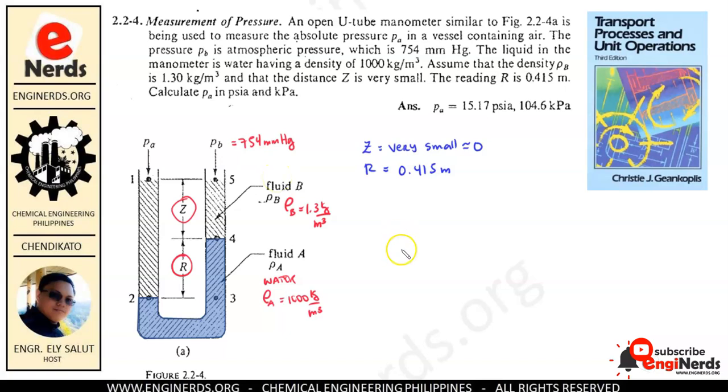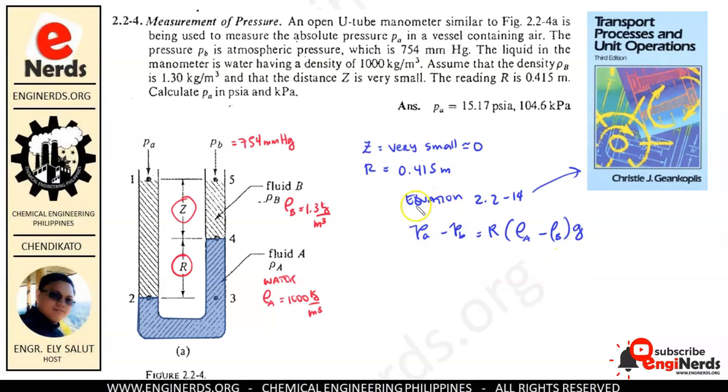Now, if you're going to check itong libro ng Transport Process and Unit Operation, this problem is actually tailored to apply yung equation 2.2-14 ng ating libro right here. And this equation states that PA minus PB is equal to R, density of A minus density of B, times the acceleration due to gravity.